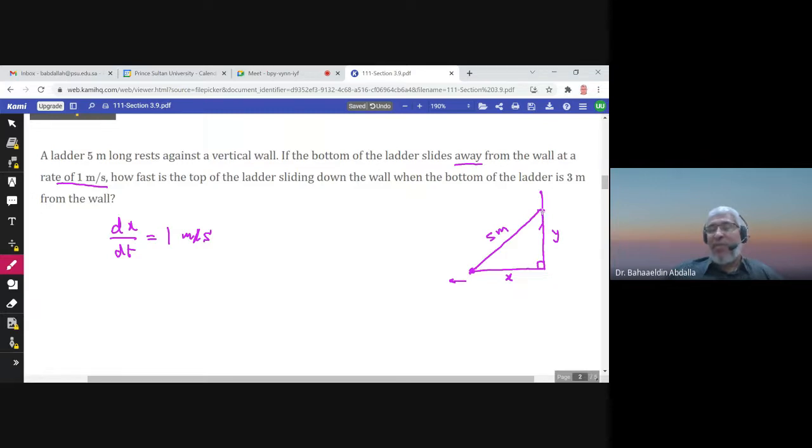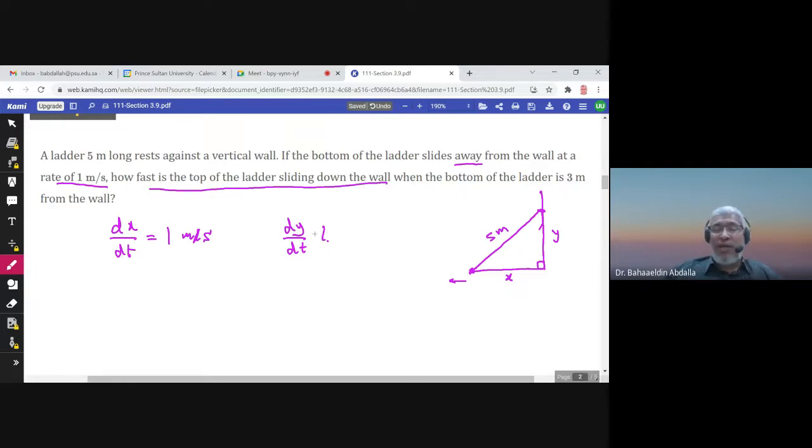If the top of the ladder is coming down, sliding down, then y is changing. All right. And he is asking about dy by dt. He did not give us dy by dt. He is asking about it.